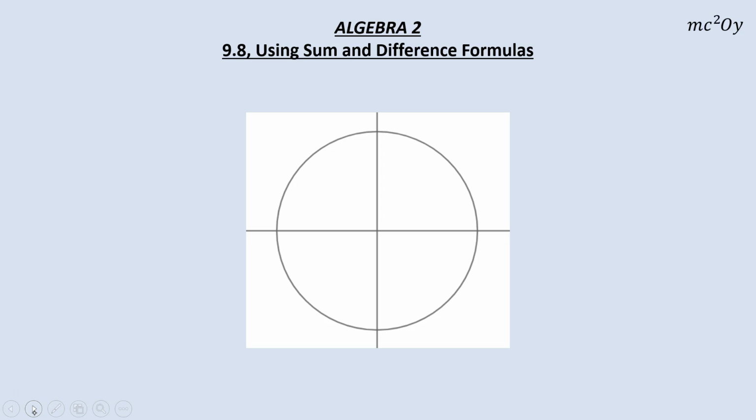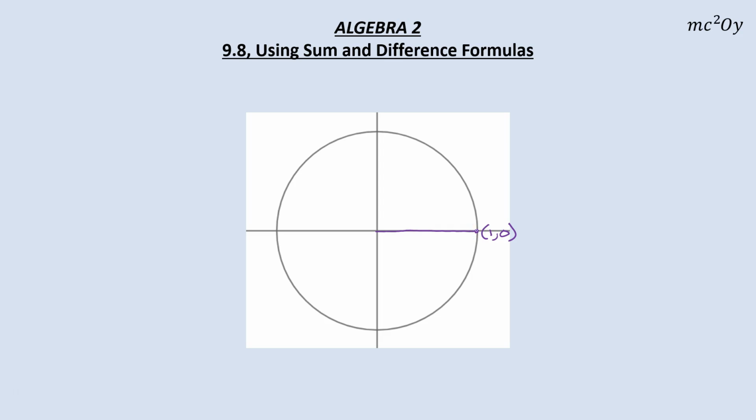Okay? So this is very algebra-y with a little geometry mixed in there. So let's say, for instance, we have the unit circle here. And we have our angle starting at 1, 0, in standard position.